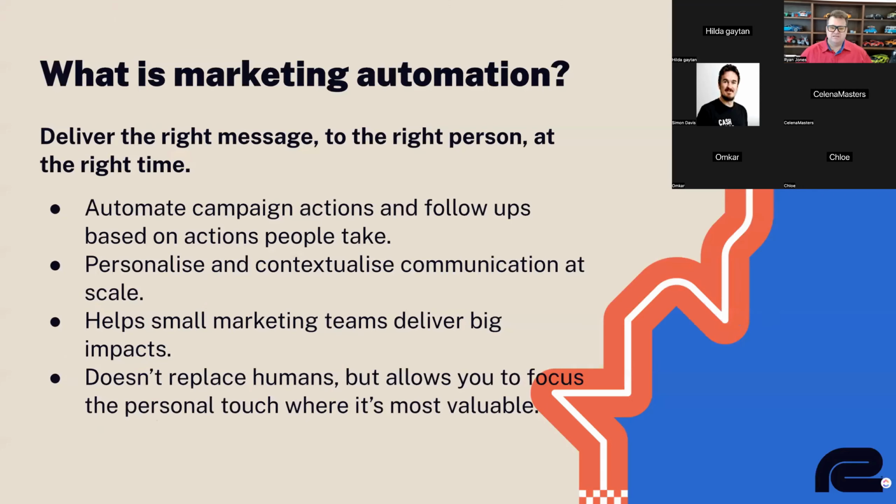Don't use your marketing automation platform to bulk email and spam and just keep doing what you've been doing. Use it to really narrow down your focus so that you're getting the right message to the right person at the right time. So it is about automating campaign actions and follow-ups based on the actions that people take.